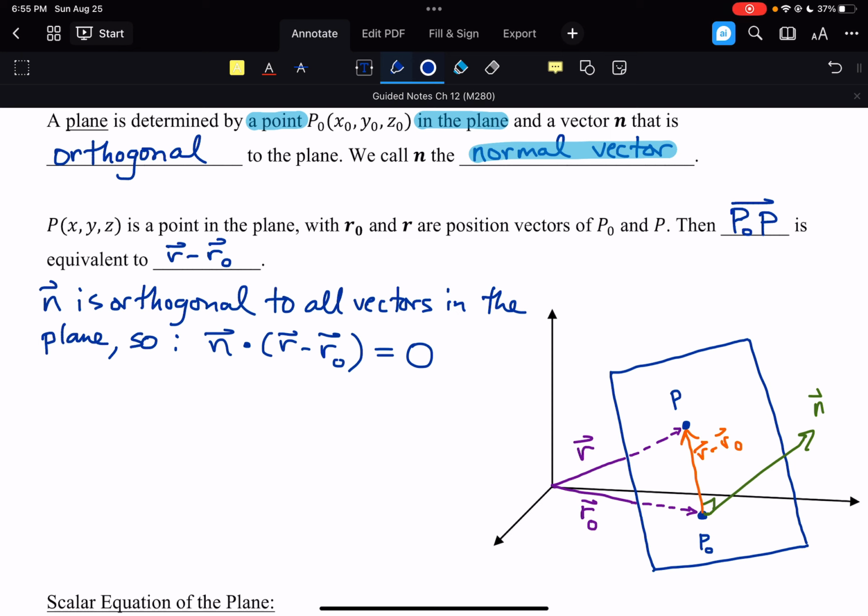Another way of writing this, and this is the more formalized version of this equation, if you distribute the dot product, which you can do, and then add that term over there, we get n dot r equals n dot r naught.